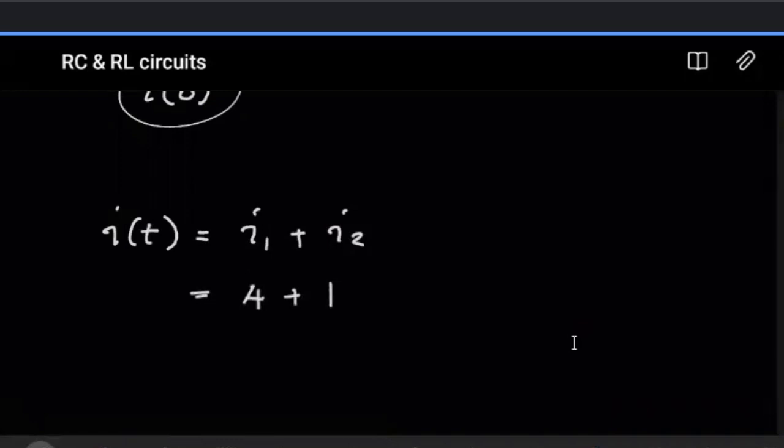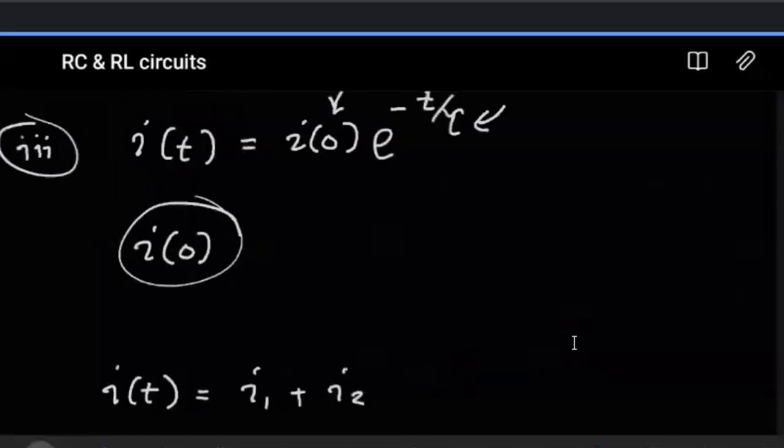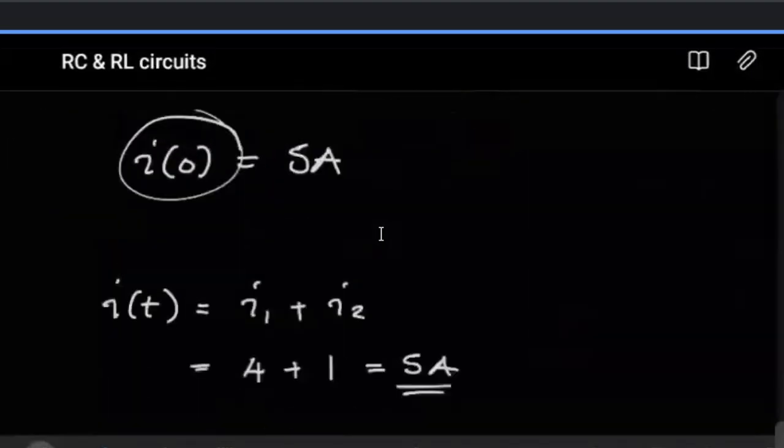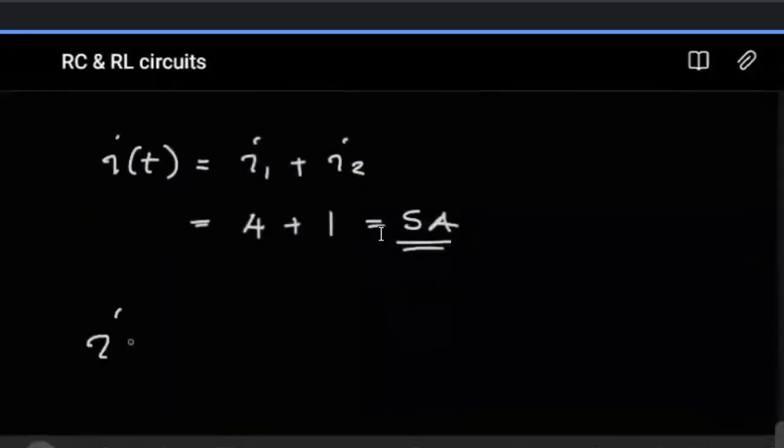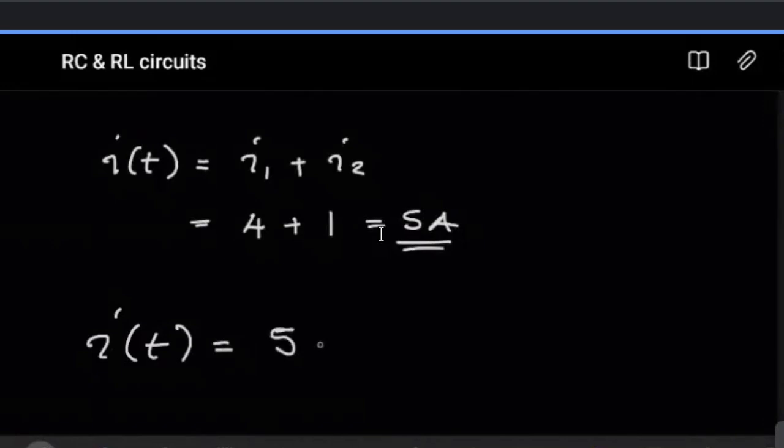So now that we have the initial current that was flowing, which is I0, which is 5 amps, we can now write the expression that we want. We can now say IT is equal to what we started with, which is 5 amps, then the exponent of minus t over the time constant.